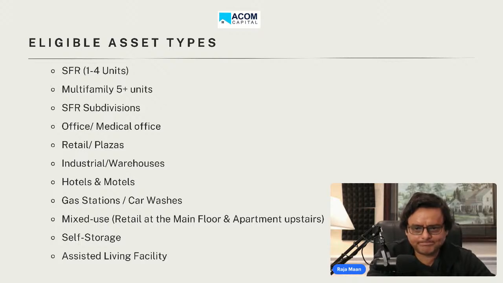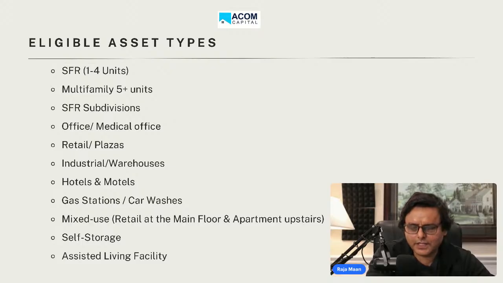Conventional loans, I haven't done any, to be honest, for the last few years. Most of the deals are going through private or SBA USDA. And the private money is at 65% LTV for hotels, period. There's no ifs and buts. 65 LTC on hotels and motels.